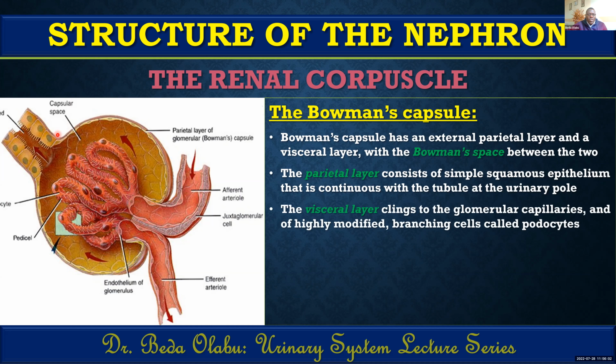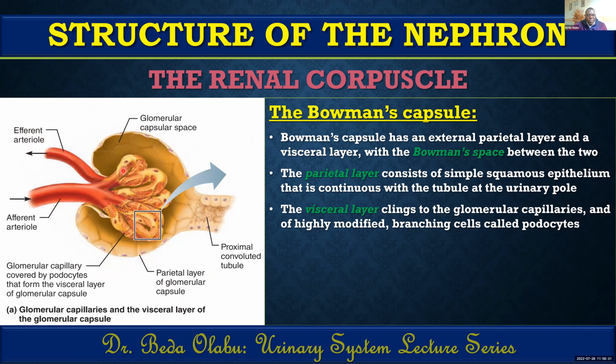The visceral layer of the Bowman's capsule clings on the glomerular tuft of capillaries. Usually, the cells that form the visceral layer are highly specialized. They are highly branching cells, which we call podocytes. These podocytes cling closely and intimately with the basement membrane of the capillary endothelium.